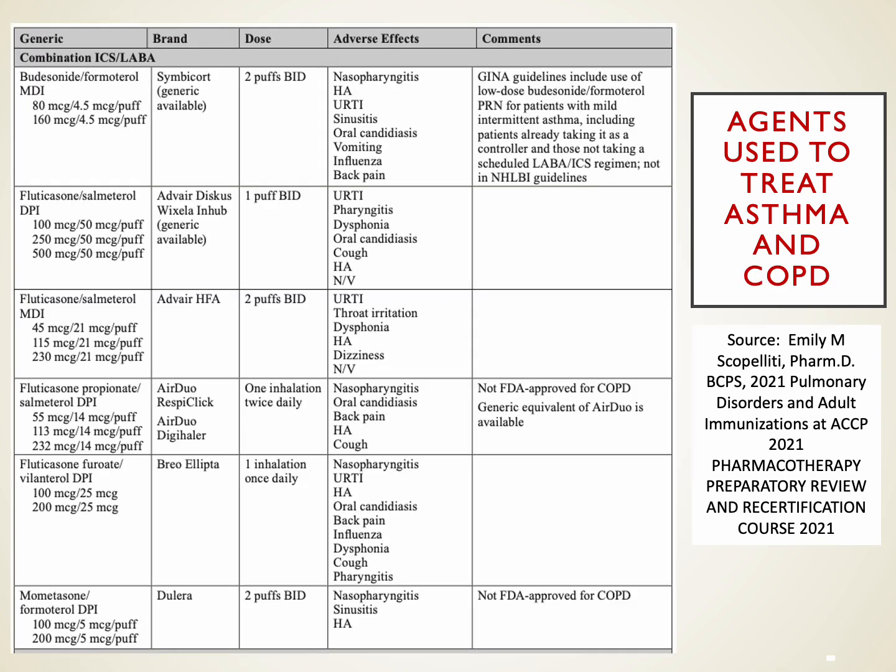Pretty commonly, though, as we step up asthma care for many patients, it's an advantage convenience for them to include an inhaled corticosteroid with their long-acting beta agonist as a single inhaler and a single dose. And what we see classically here, a number of different agents. The two that have been on the market the longest probably are Symbicort and Advair, but there are others as well.